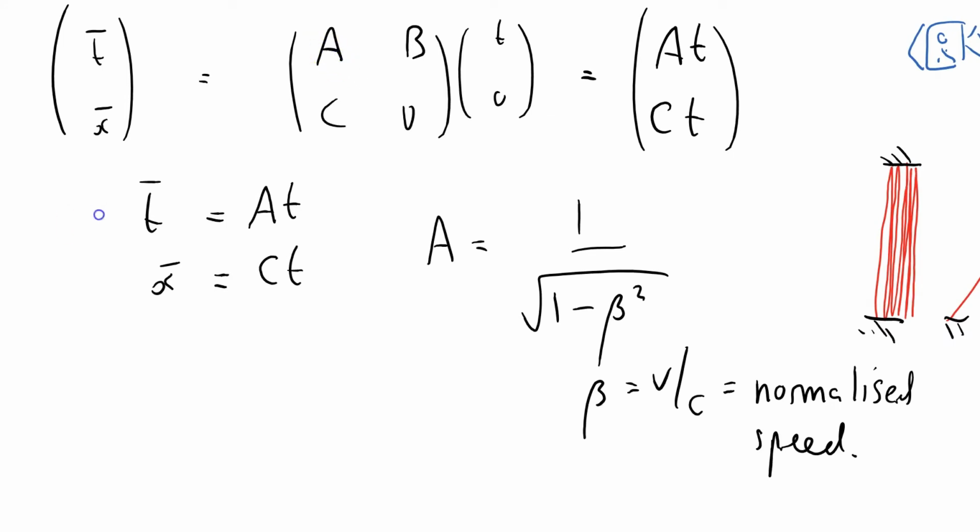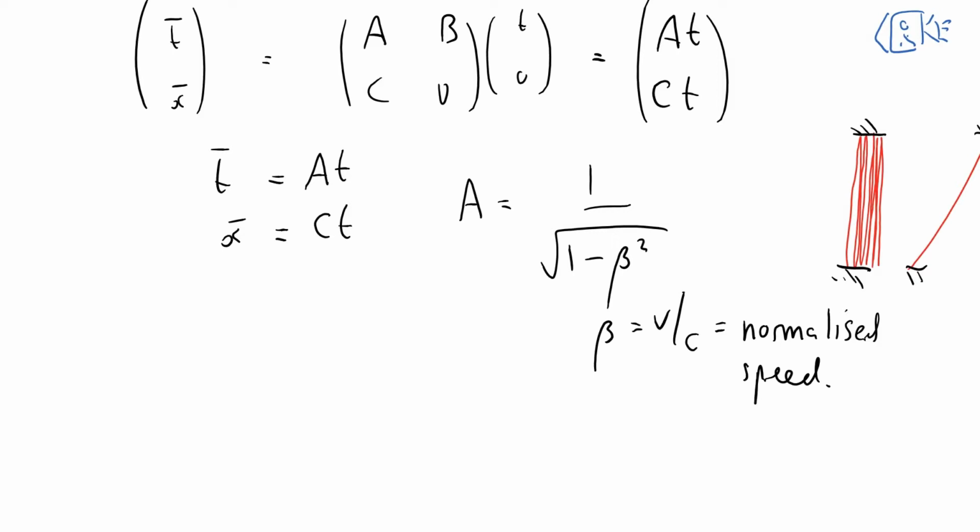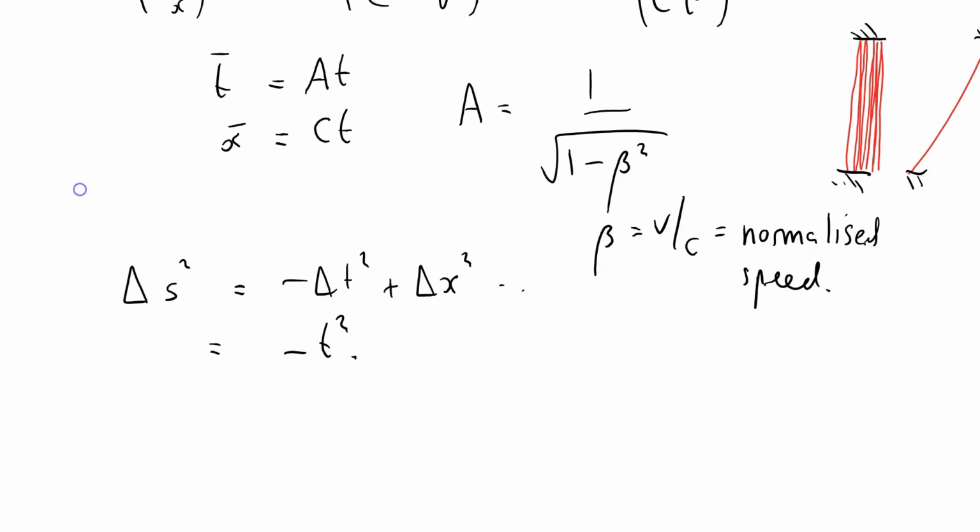We need to do the other guys now. So how do we proceed? Well, we work out delta s squared, which is minus delta t squared plus delta x squared, and there's a y and a z, of course, if you really want. In the unbarred coordinate system, that's just minus t squared. So it's a perfectly respectable time-like interval, because it's minus the square of something, so it's negative. What does delta s bar squared equal?